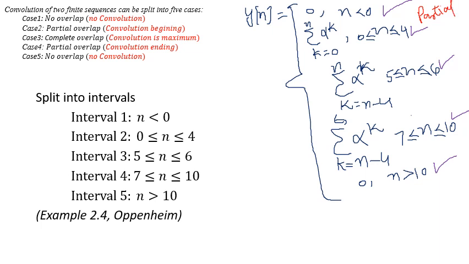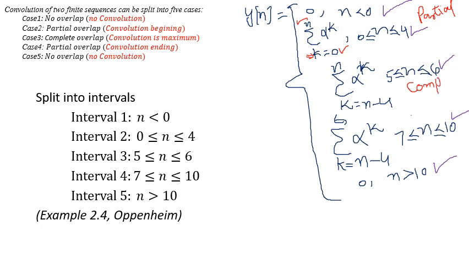In case of the first partial overlap, you see that the lower limit is fixed at some position and the upper limit is variable. So the first partial overlap is when the lower limit is fixed and the upper limit is variable.